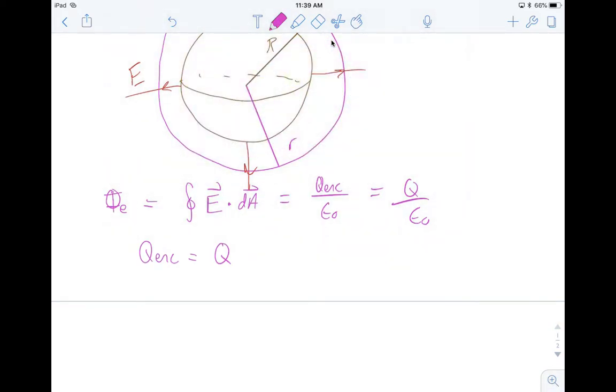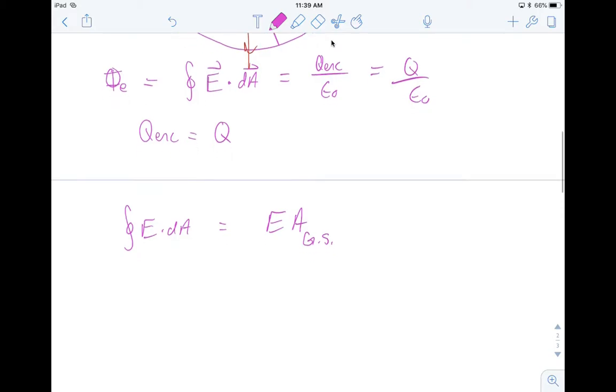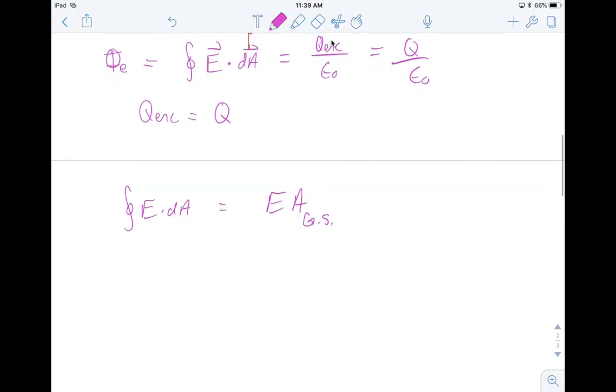So the left side of the equation, the closed integral of E dot dA, will just become E times the area of the Gaussian sphere, and that's always the case. You're always looking for the area of the surface that you pick, not the charged surface. If I set these two sides equal to each other, then the electric field times the area of our Gaussian surface is equal to Q enclosed over epsilon naught, or just Q over epsilon naught.